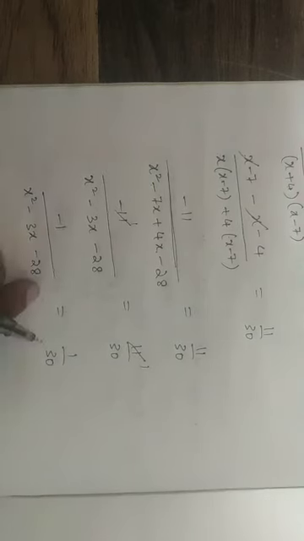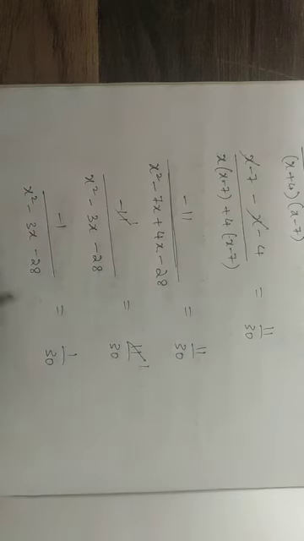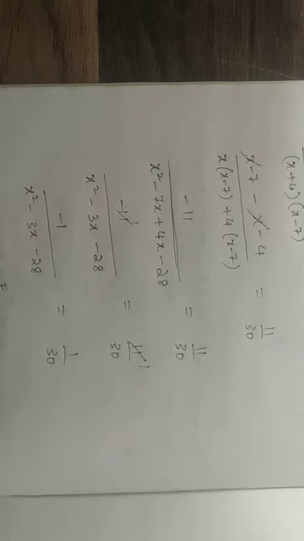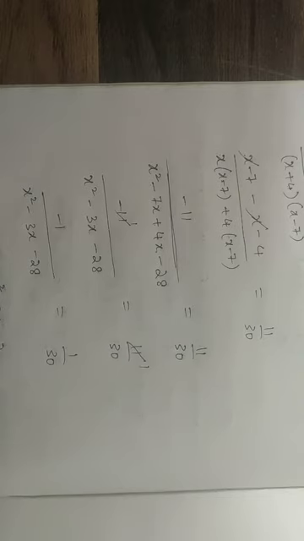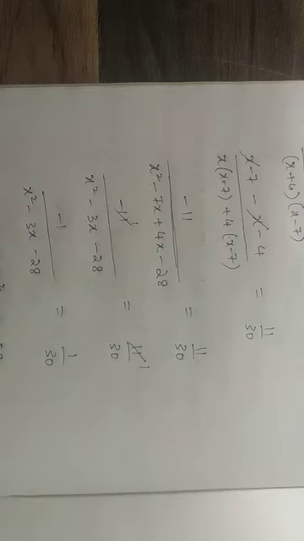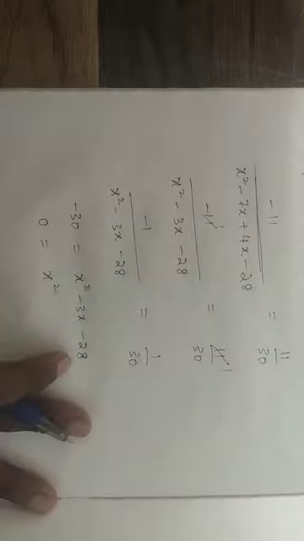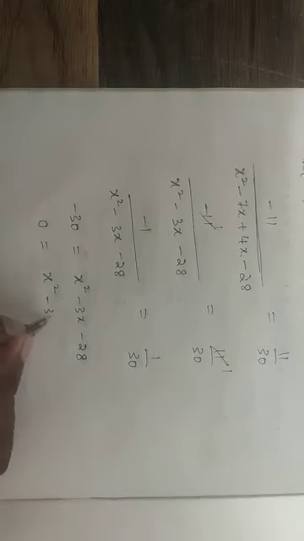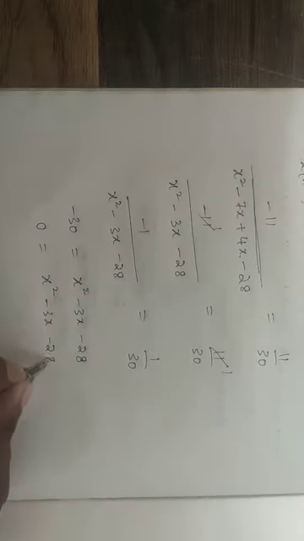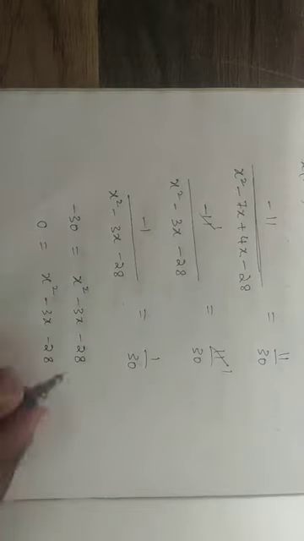If you multiply this whole equation with the 1, the same expression only, x square minus 3x minus 28. Clear? Now bring this minus 30 to the RHS. So it will be 0 here, and x square minus 3x minus 28. If you bring minus 30 to the RHS, it will become plus 30, correct.